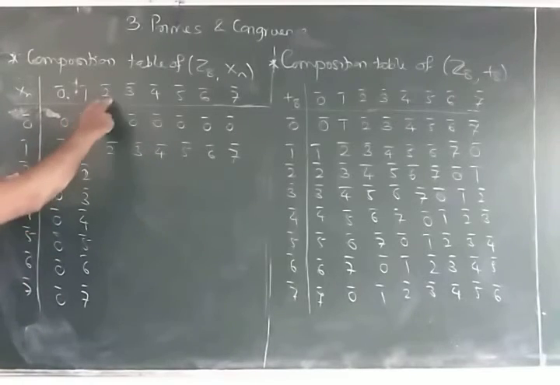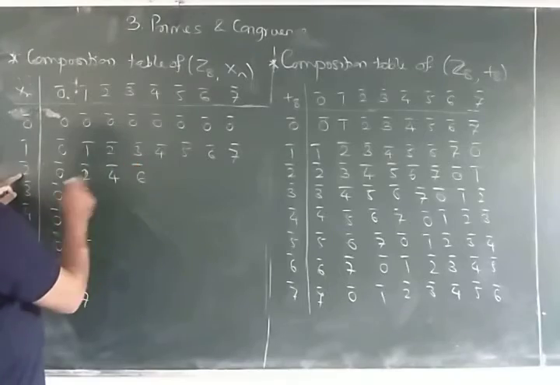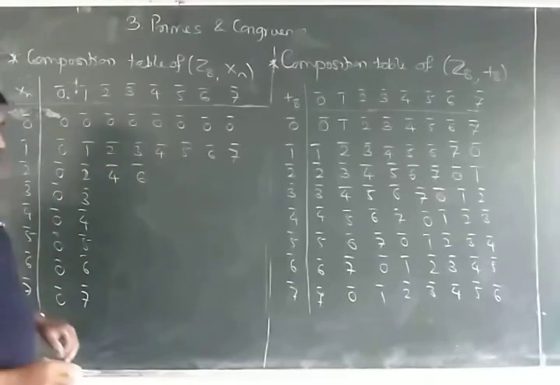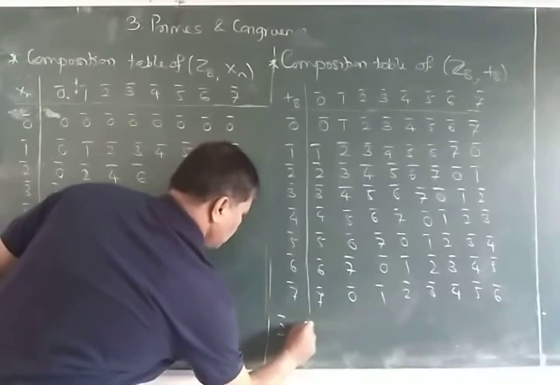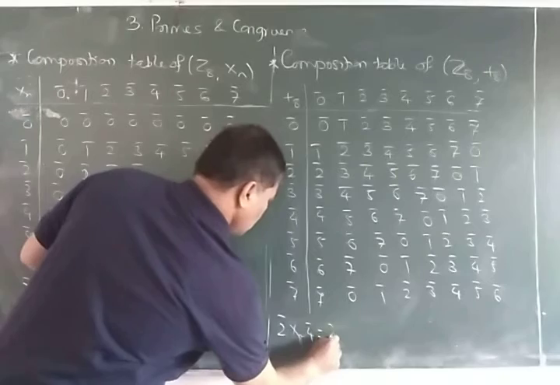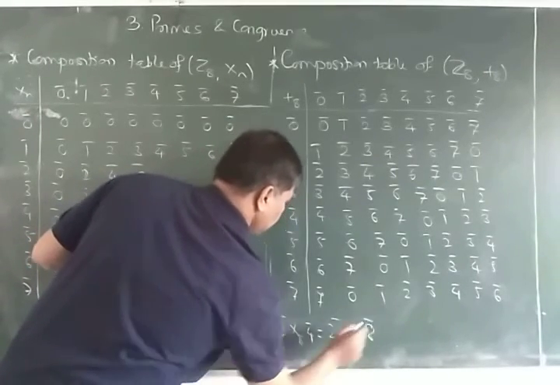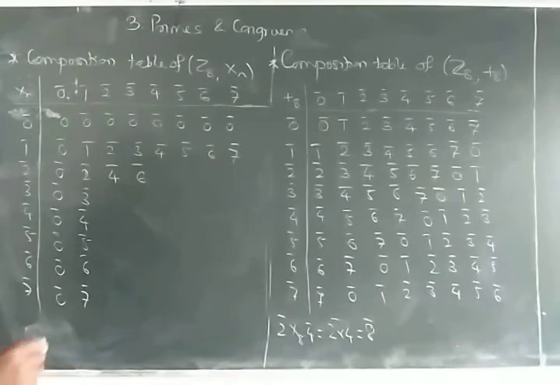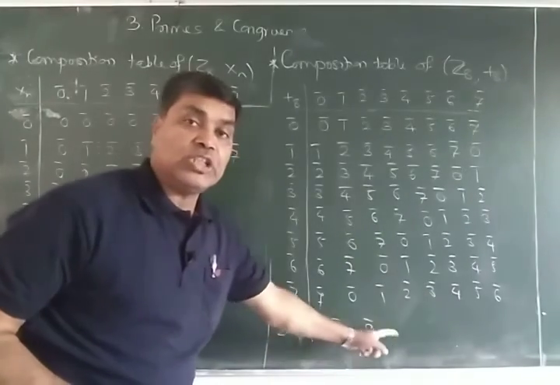Now, 2 into 2 is 4. 2 into 3 is 6. 2 into 4 is 8 bar. If I divide 8 by 8, the remainder is 0.